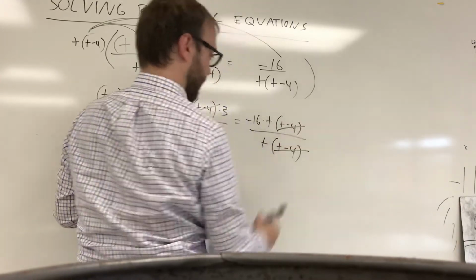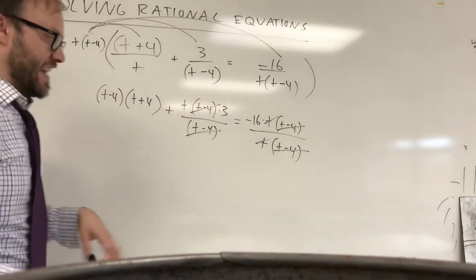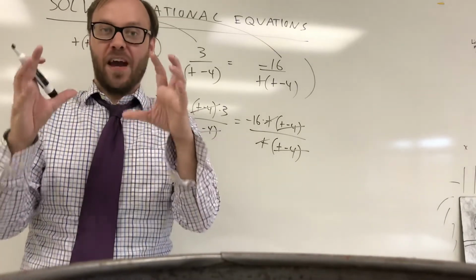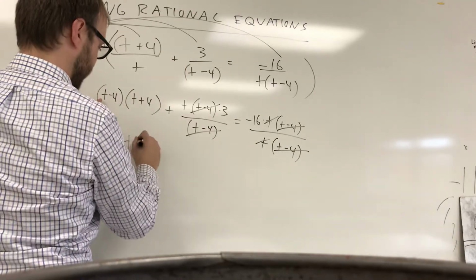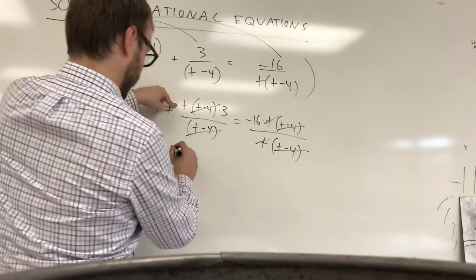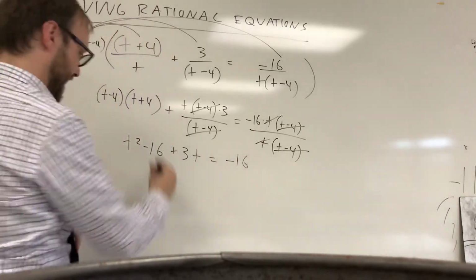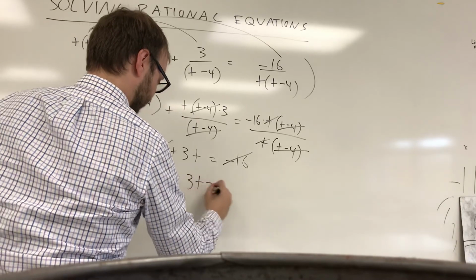Once again, t minus 4's cancel, the t's cancel, you've got a negative 16. So in the end, notice, all of my denominator values canceled when I multiplied by the common denominator. It knocked out all of those denominators. I'm just left with t squared minus 16, and I'm left with 3t, and I'm left with negative 16, and our negative 16's cancel, and I've got t squared plus 3t is equal to 0.